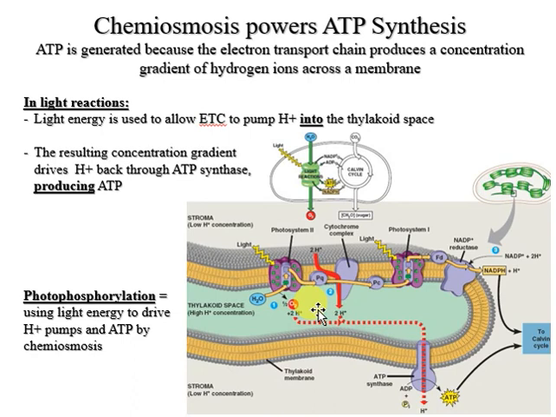Now, what will happen is you'll have the passive movement, or diffusion, of your hydrogen ions or protons from high concentration, which is going to be in the thylakoid space or lumen, to low concentration, which is going to be in the stroma.